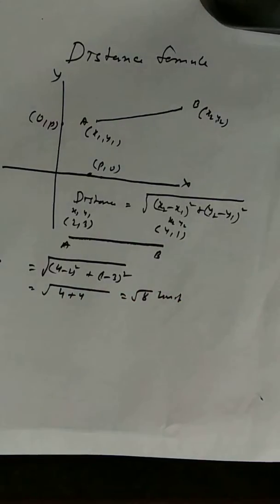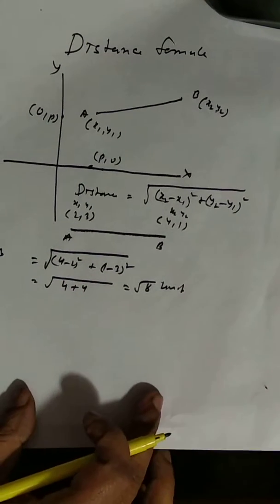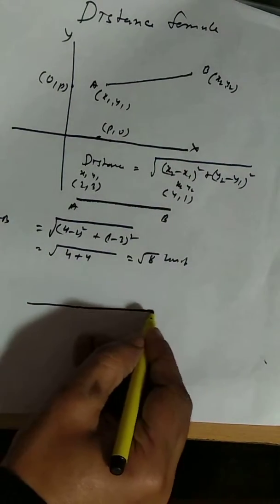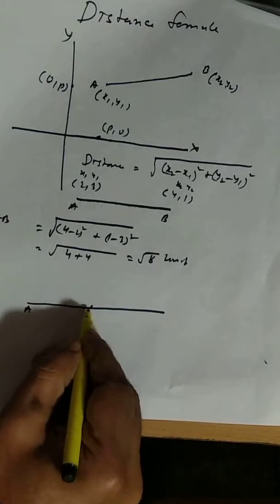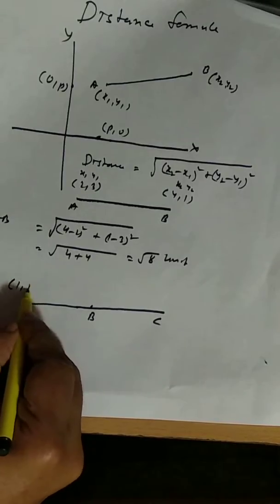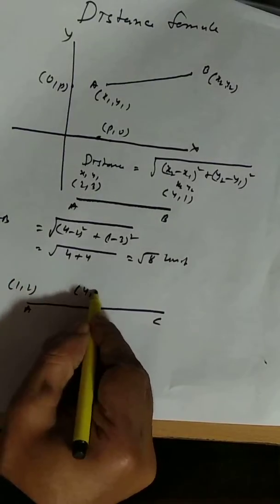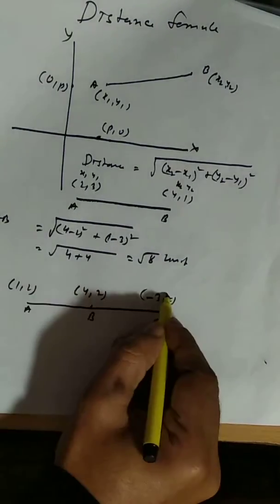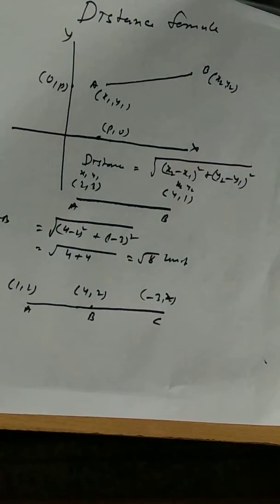Now, what kind of question can be asked in the CBSE board examination? You have to find the distance between any two given points, and this particular concept can be used for determining whether given 3 points are collinear or not. This is the first thing. A, B, C. Suppose their coordinates are given, say 1 comma 2, 4 comma 2, minus 3 comma 2, and you want to check whether these 3 points lie on the same line or not.